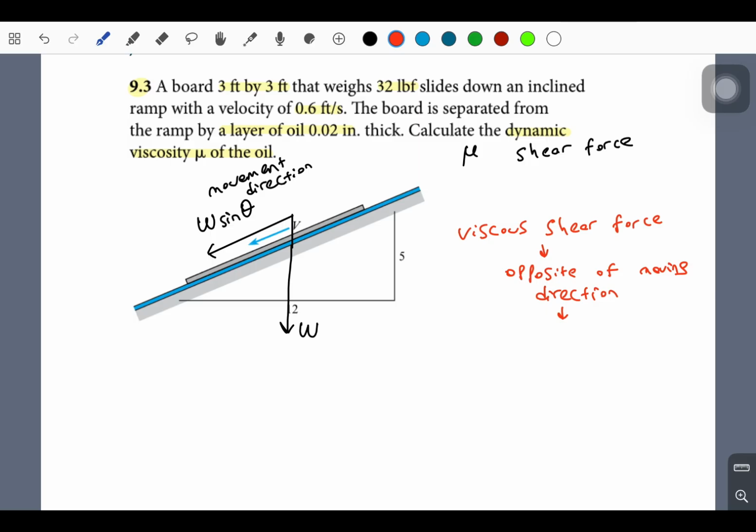So this means we will have a shear force which is the opposite of the move. So this means we will have weight in this direction, and it should be equal to shear force.